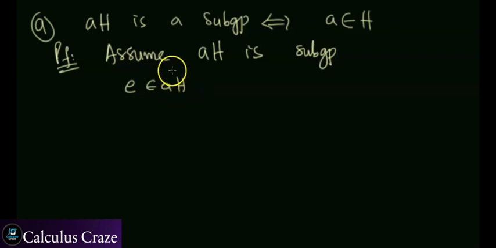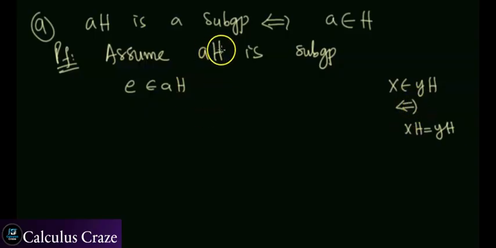Now property number 2 says, no, not property 2, it is property 4. It says if x is inside yh, then xh and yh are the same. Now because ah is a subgroup, the identity element must be inside this, so this implies that eh is same as ah.